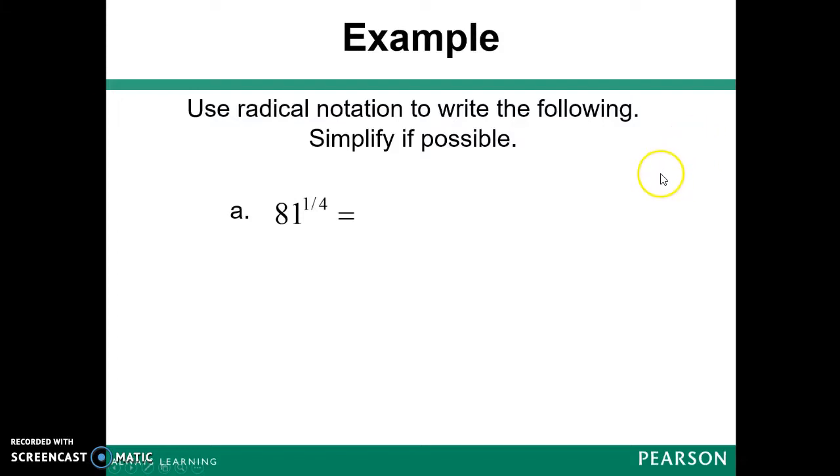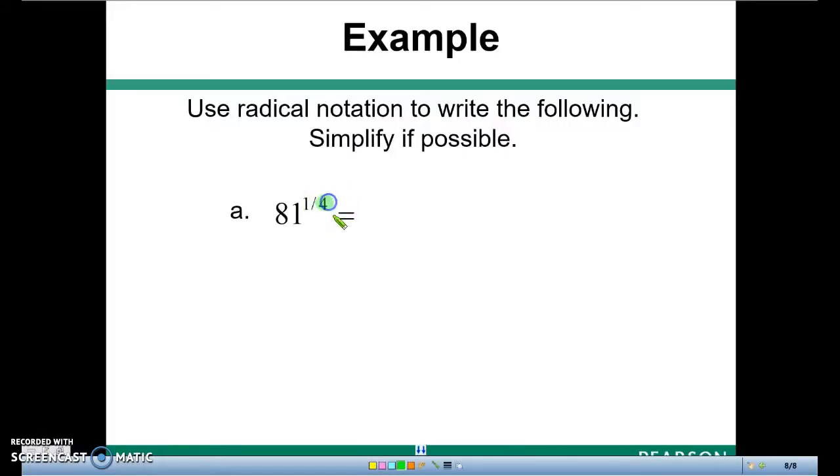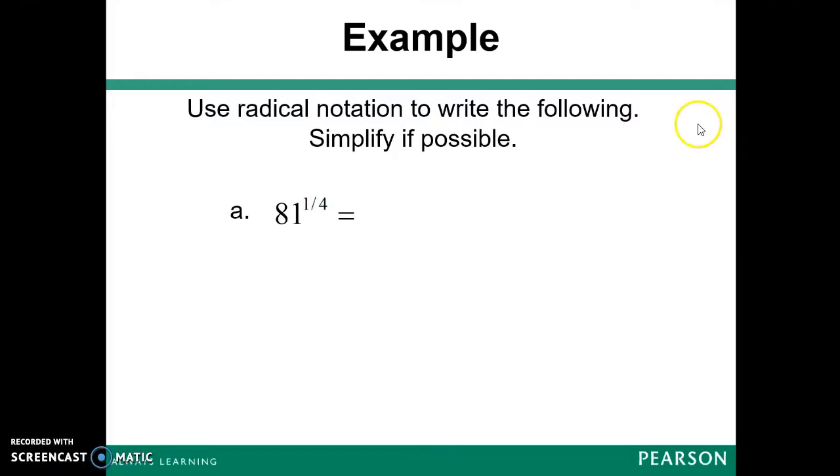Use radical notation to write the following, simplify if possible. 81 raised to the 1/4 power is what in radical form with a radical sign? What's our index? The index is always the denominator of your fraction, of your exponent.